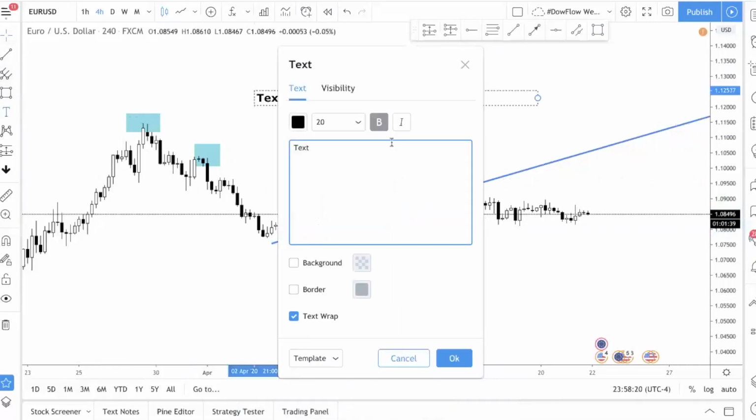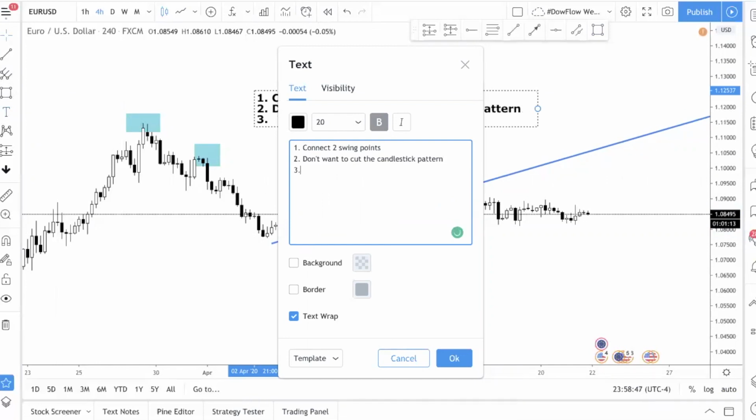Let me just outline the steps for you. You want to connect two swing points, okay, that was the factor that I just explained. The second point is that you don't want to cut the candlestick body. Not to worry, I'll go into details about what I mean by this.